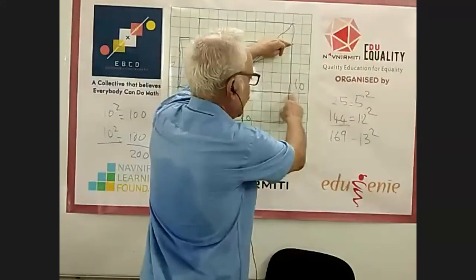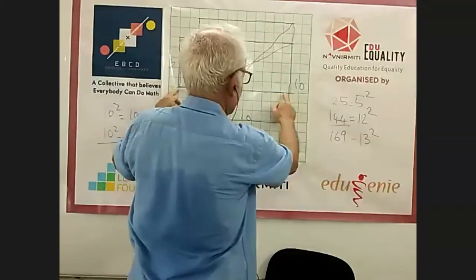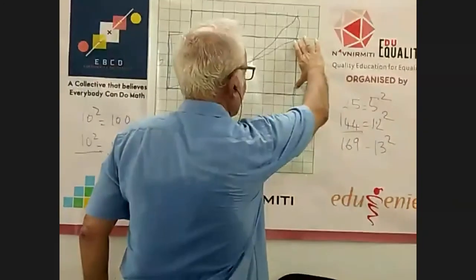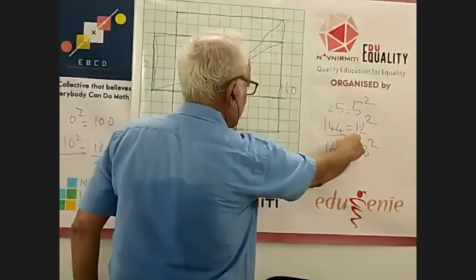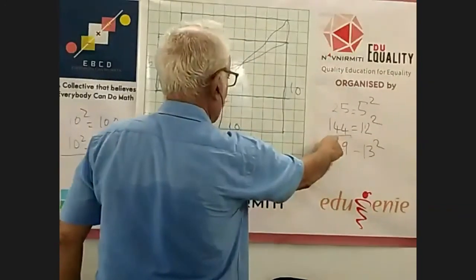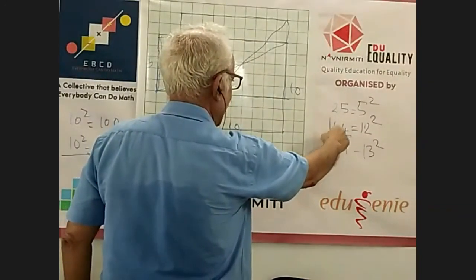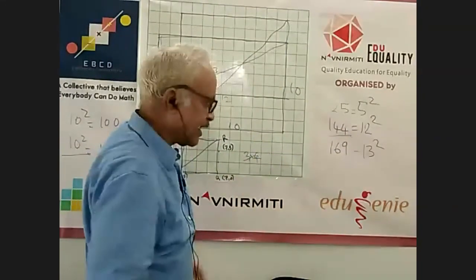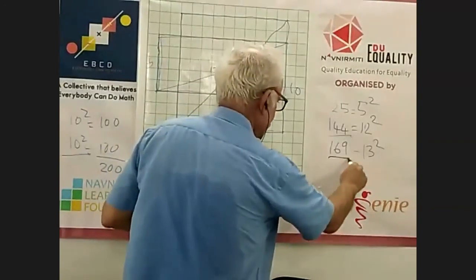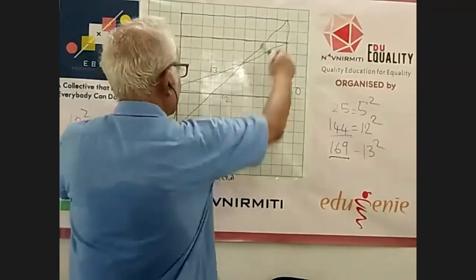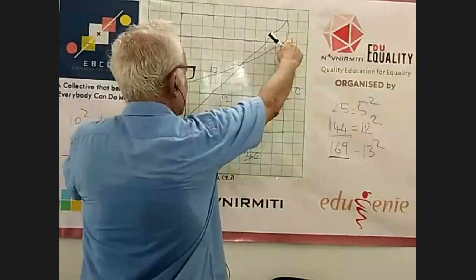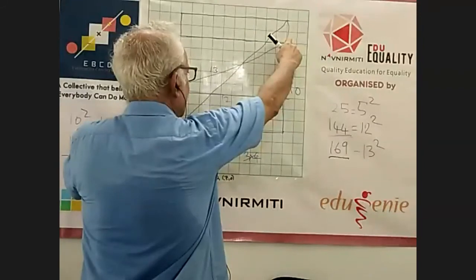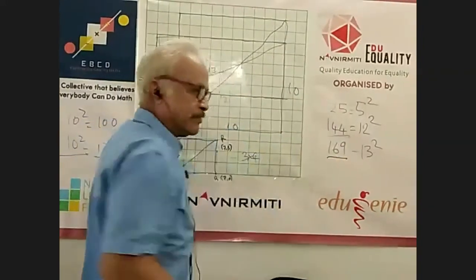This 12 is this side. So 5 squared is 25. 12 squared is 144. I add the two, I get 169. If I measure this length and I take the square, I also get 169.